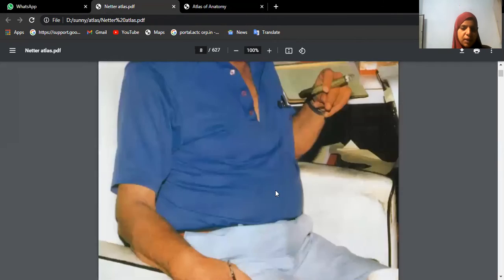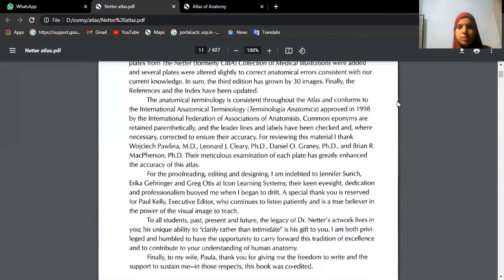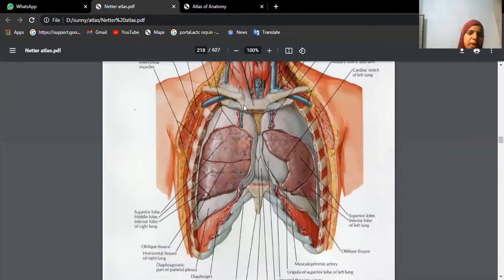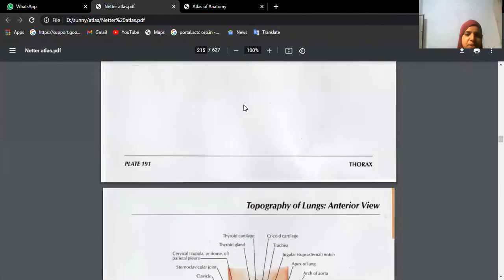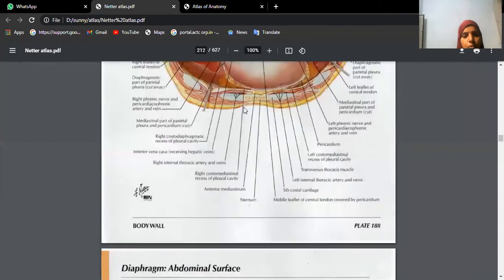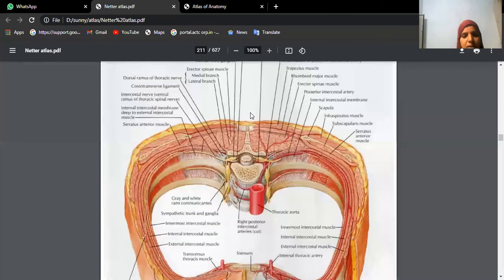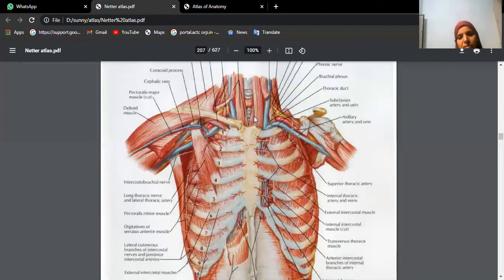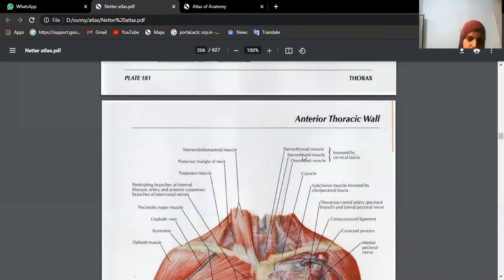In fact, Netter's atlas pictures we have seen many times, but still, just look at this. Netter's pictures are always very catching and much better. You appreciate the things much better in Netter's atlas. Only thing is theory aspect is not given. That's why first I have taken the textbook.